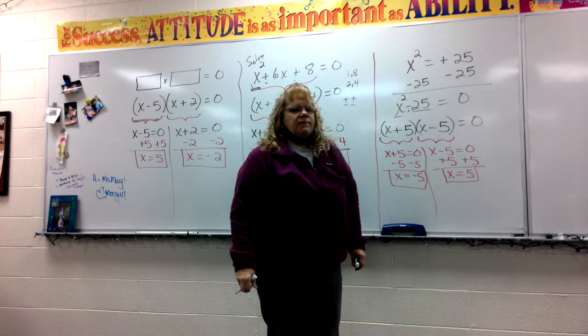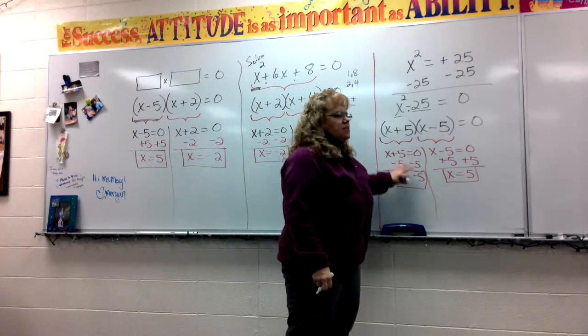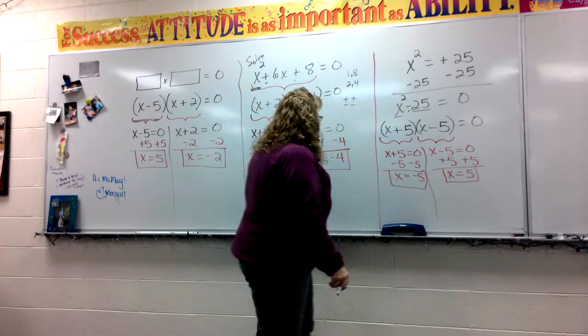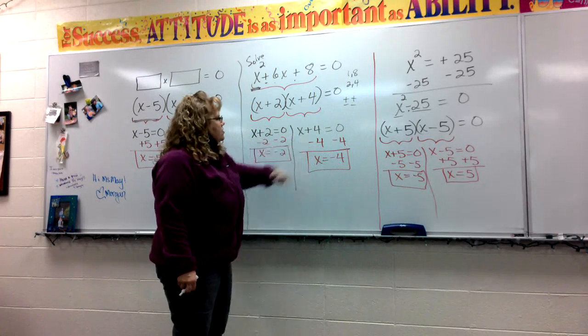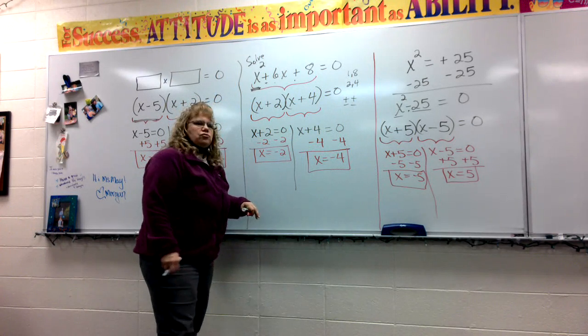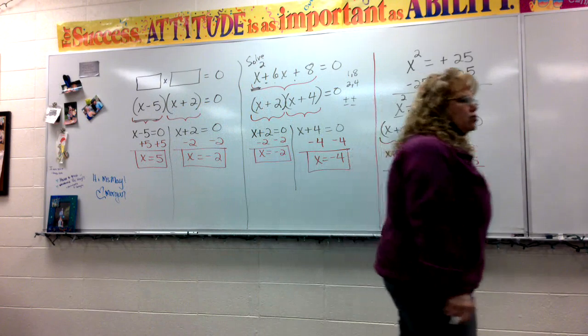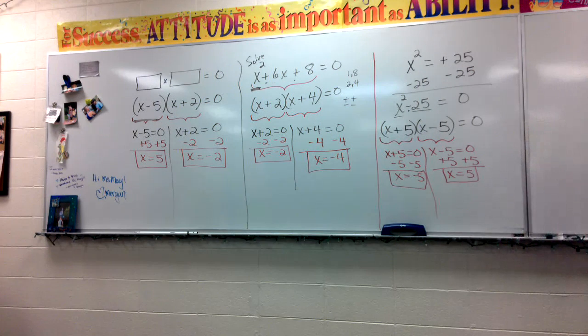In all the years I've been teaching, the people who skip these steps are the ones that end up making the mistakes. They end up making a mistake like x equals 4 here, x equals 2 here. Yeah, they make the sign errors if they don't show all the steps. The more steps you skip, the more likely you are to make a mistake.